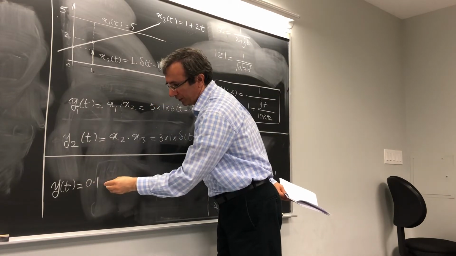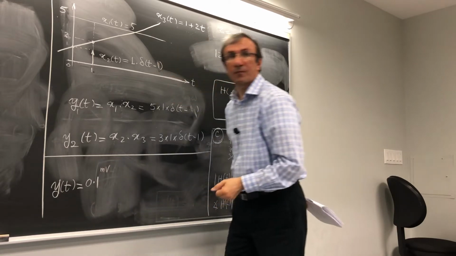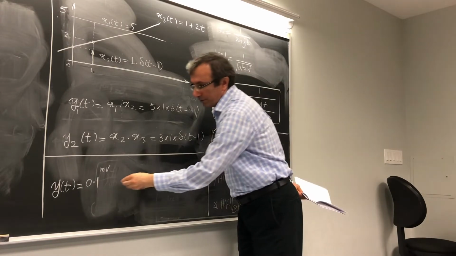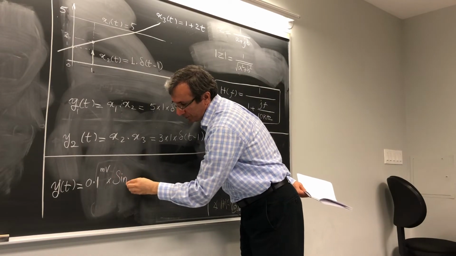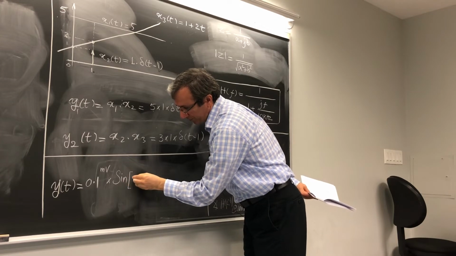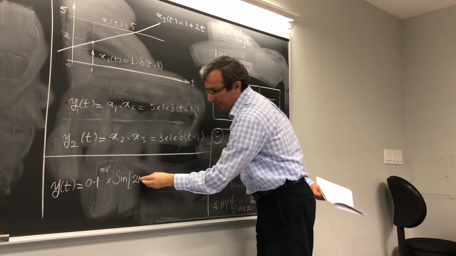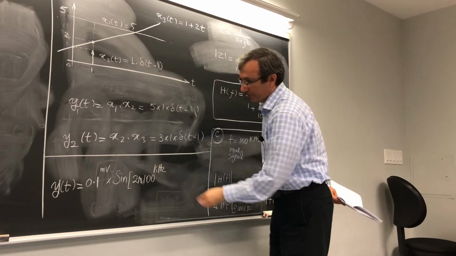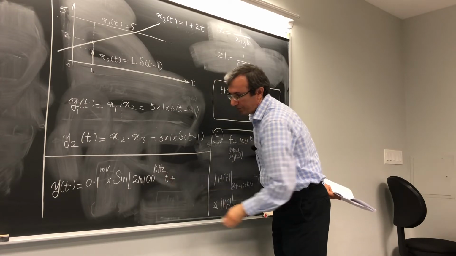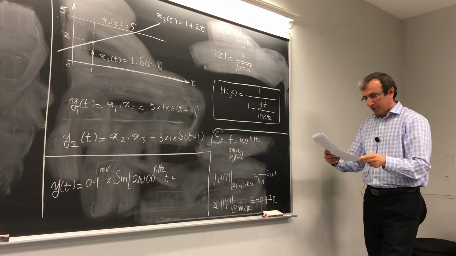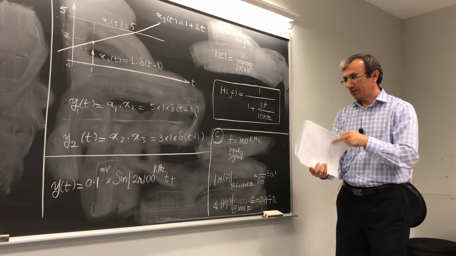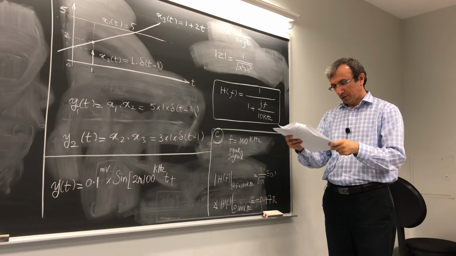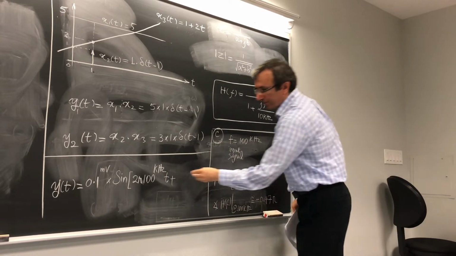So 0.1 times 1 millivolt is going to be the amplitude of the output, times the sine function, sine of 2 pi, and the frequency now is 100 kilohertz, t, plus the input phase, pi over 8.